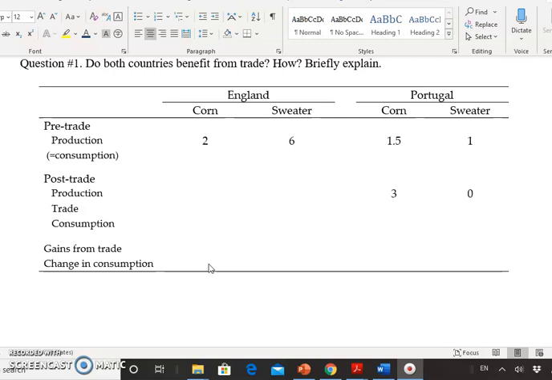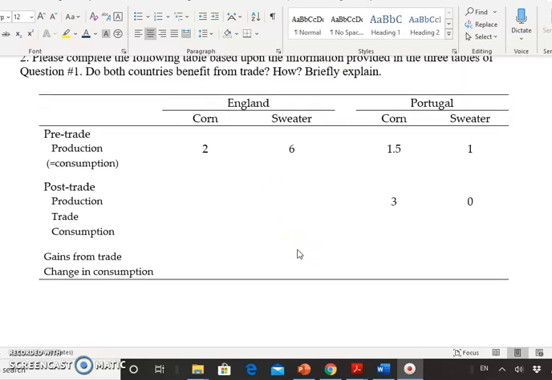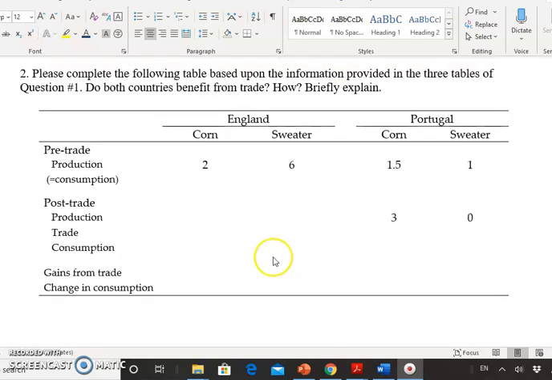All right, now let's go ahead and do this. Here let's start with Portugal, because we have more information available, right? It used to produce 1.5 corns without trade. Now it produces 3 corns.